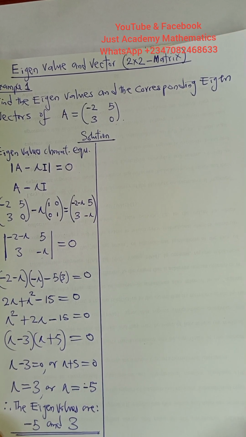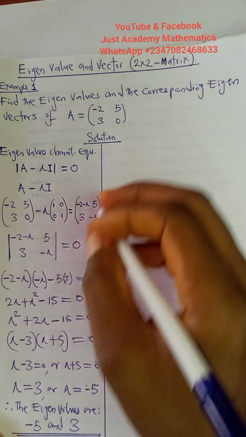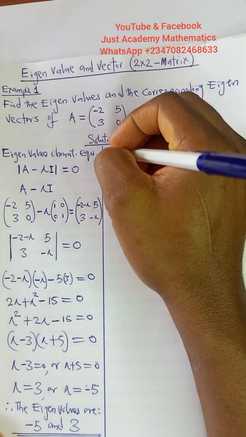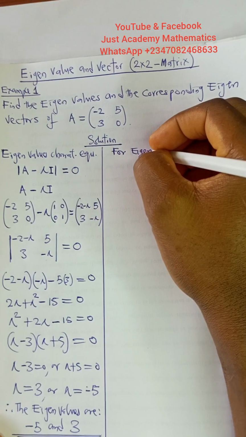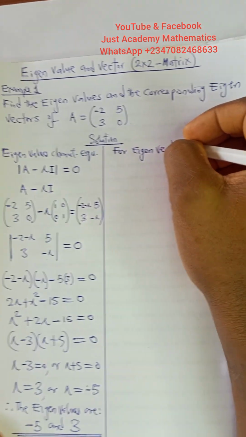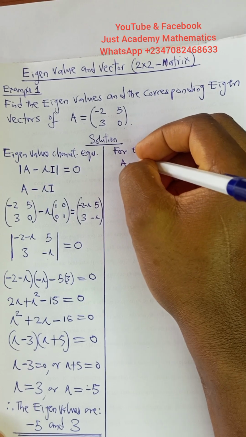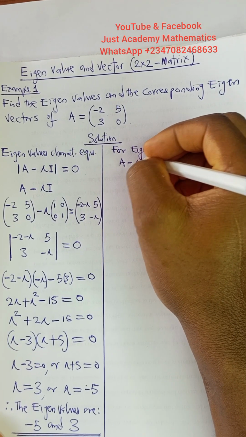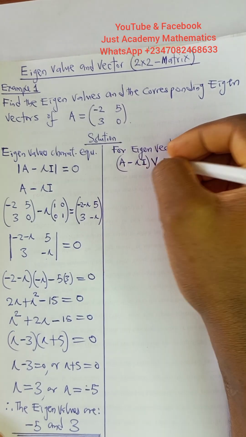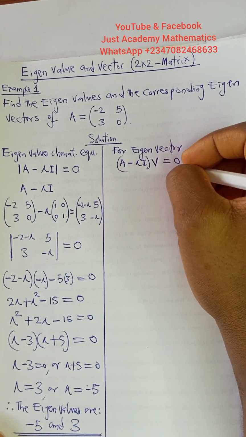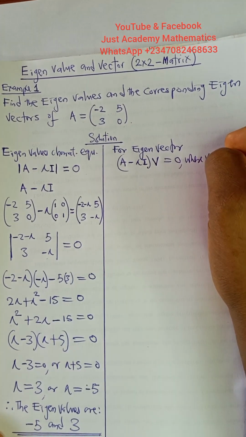So the next step is getting the eigenvector. So for eigenvector, we know that A minus lambda times the identity, times the vector V, is equal to 0.